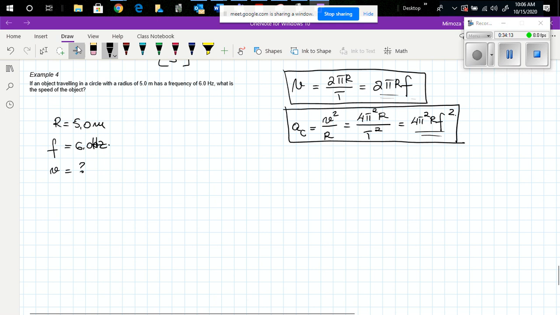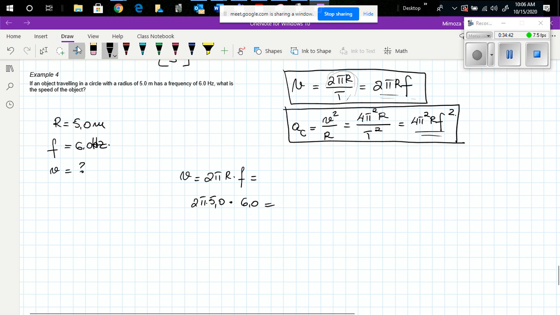So again, we can either find the period and then use this formula here, or knowing that the period is 1 over f, we can say that the speed will be 2 pi r times f, or 2 pi times 5.0 times 6.0.